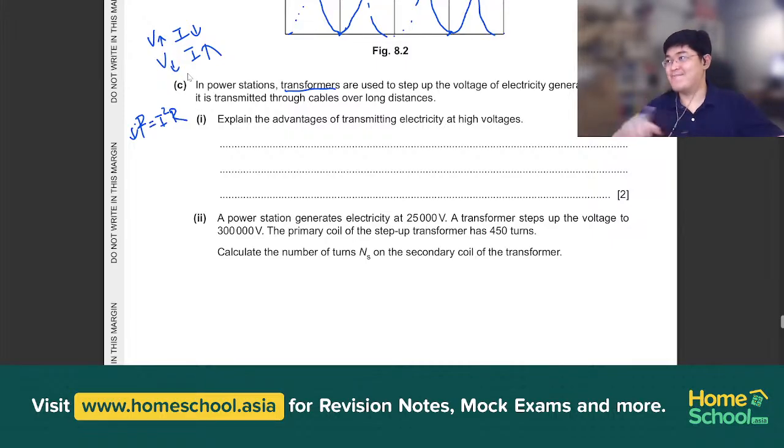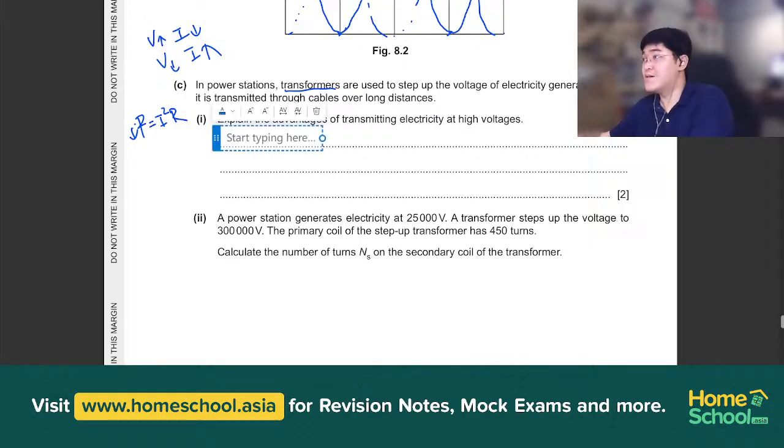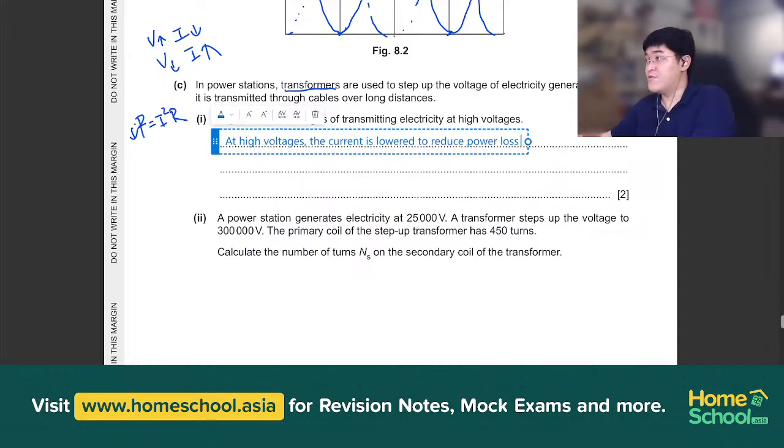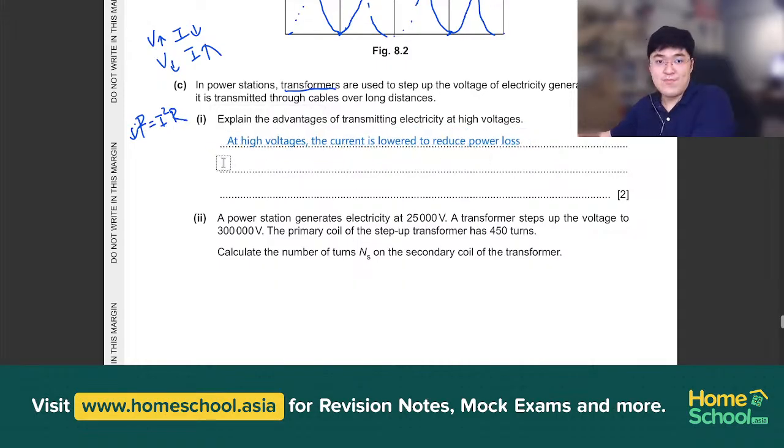Okay, let's write that down. At high voltages, the current is lowered to reduce power loss.